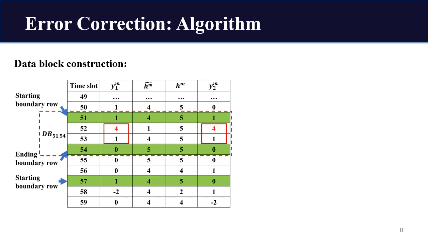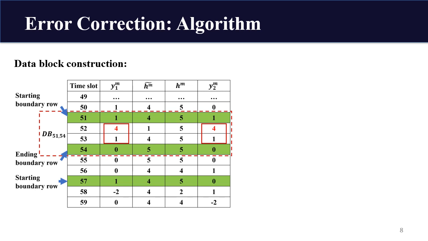For this dataset, define data block ij, denoted as dbij, as a subset of the data starting from row i and ending at row j, where rows i and j are referred to as the starting and ending boundary rows of dbij.